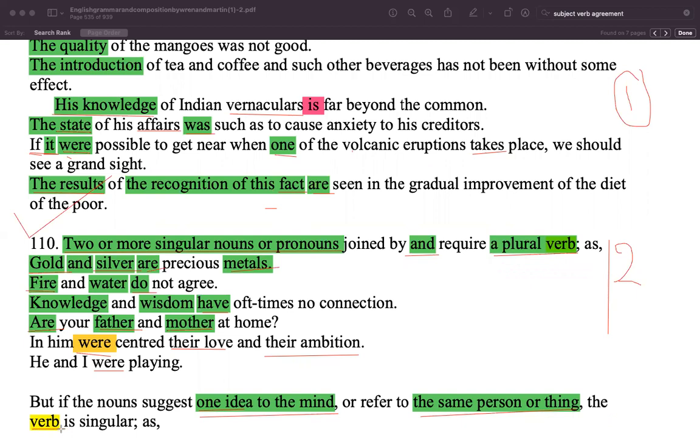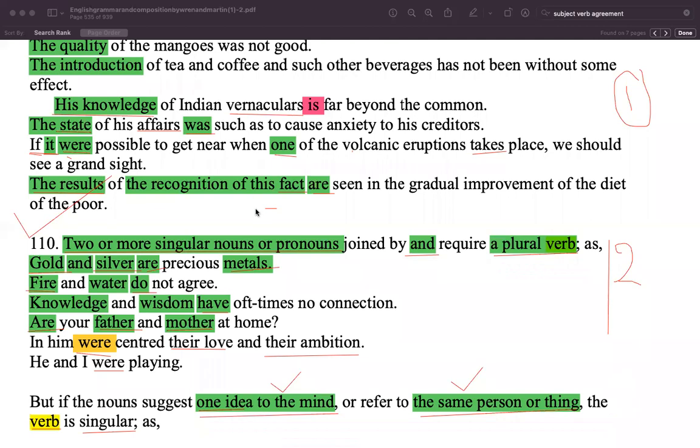Why is the verb singular? Because if one noun or two nouns joined by "and" refer to one idea, or to the same person or thing in two positions, then the verb is singular.